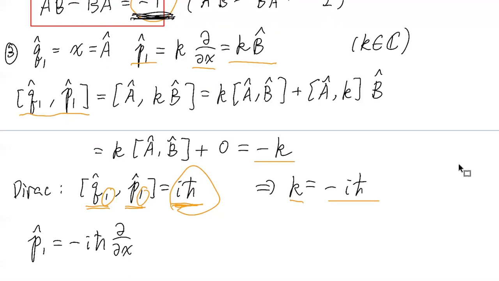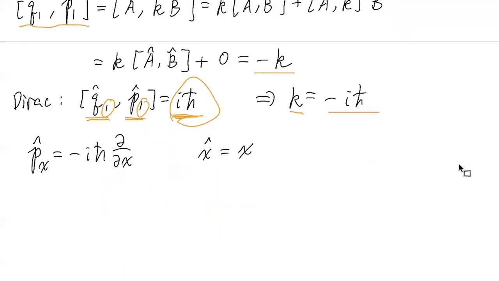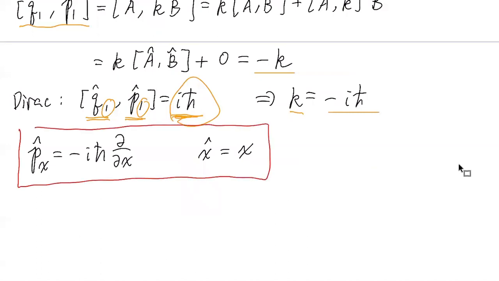And actually, here we don't need to use 1. We can just use x, because we're considering Q1, actually it's Qx, which is the position of x. This operator is simply x itself, right? These two operators are extremely important.